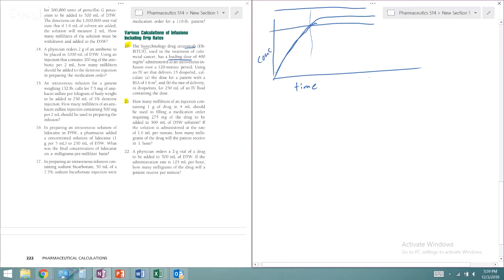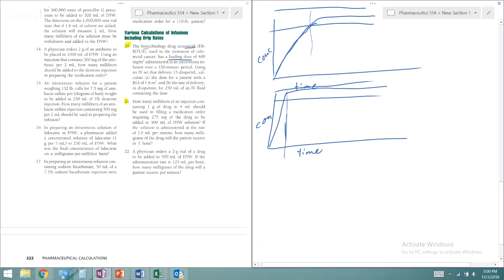So instead of just starting a normal IV, what we'll do is that we'll give them a huge dose called a loading dose. And so that just takes this way up and then over so that that time that you're waiting for the patient to get treated gets cut down.